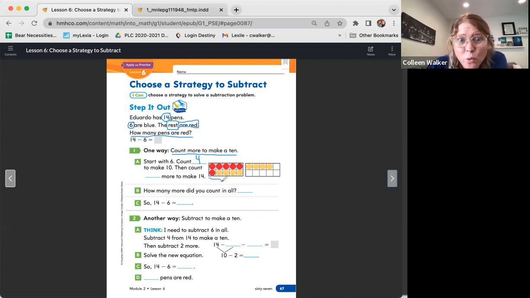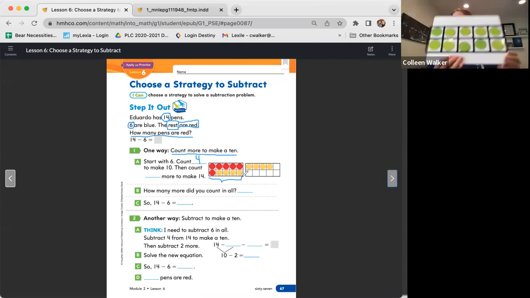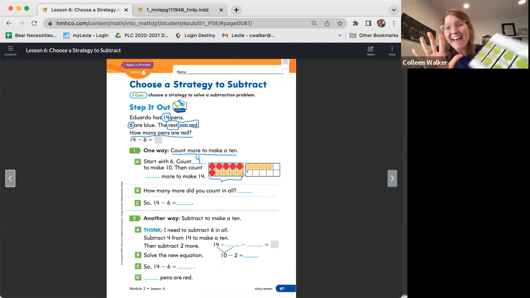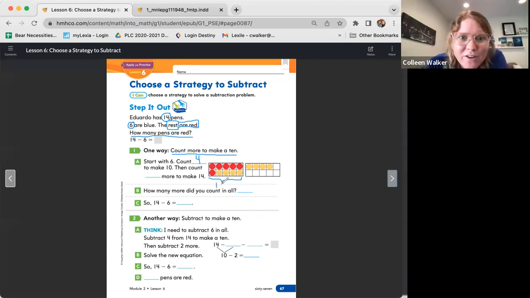Friends, remember, when the 10 frame is full, how many do I have? 10. That's right. So we know that this right here is 10. And let's see, how many more do we need to get to 14? So let's count on: 11, 12, 13, 14.